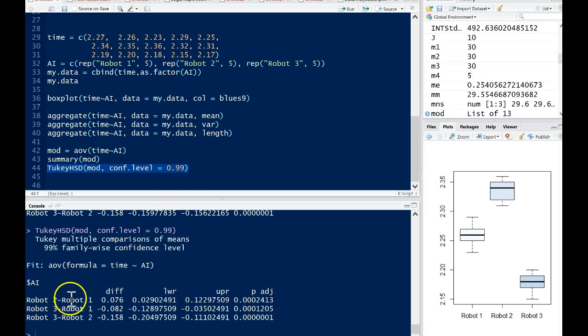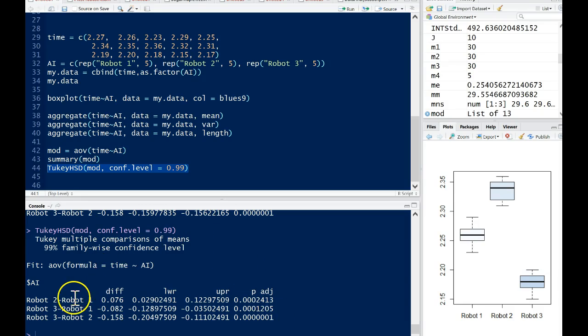And we can see that our confidence levels all are now at a family-wise rate at 99%, and then all of these p-values have been adjusted for a 0.01 significance level. So essentially we can compare these to 0.01 and say that they are significant or not. It does look like every single one of them is significant.